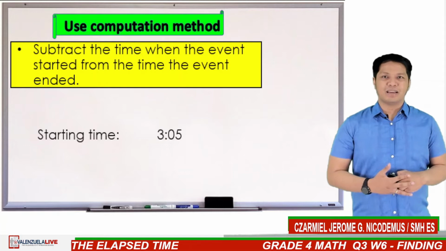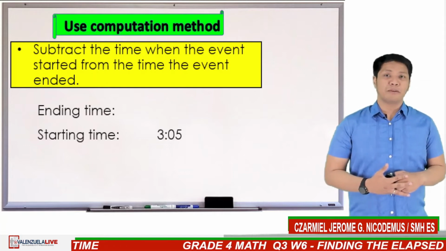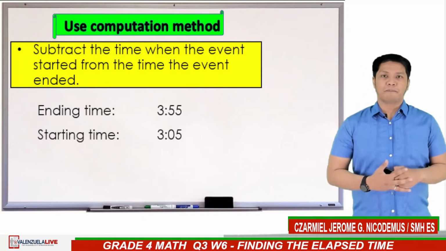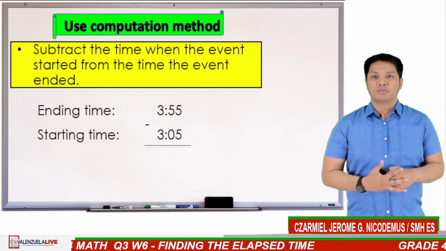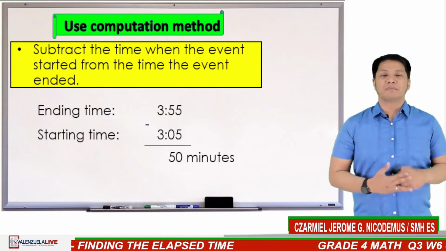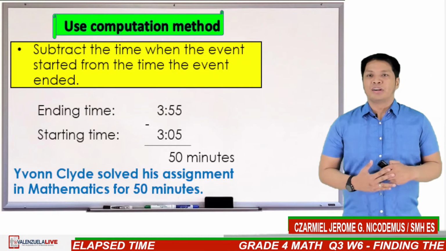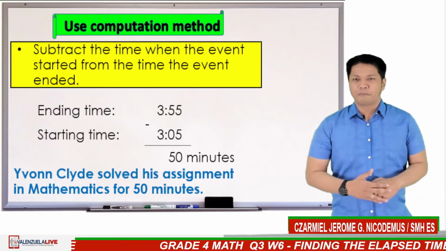The starting time is 3:05. So let's subtract this from the ending time, which is 3:55 p.m. 55 minus 5 is equal to 50 minutes. So 3 hours minus 3 hours is equal to 0. So Yvonne Clyde solved his assignment in mathematics for 50 minutes.